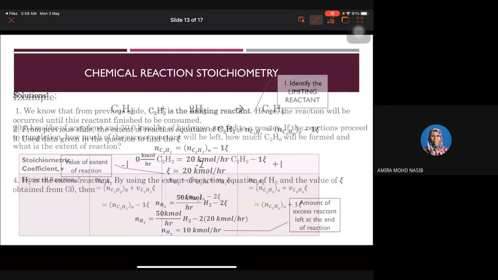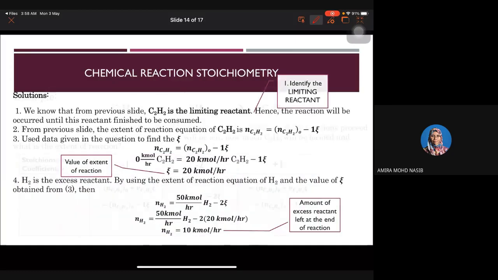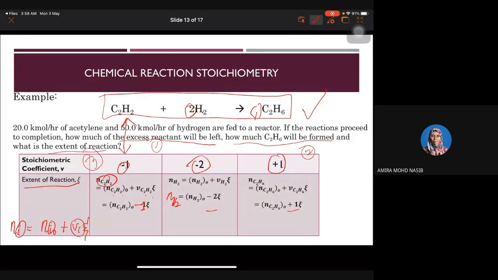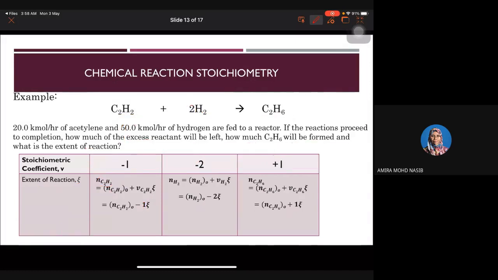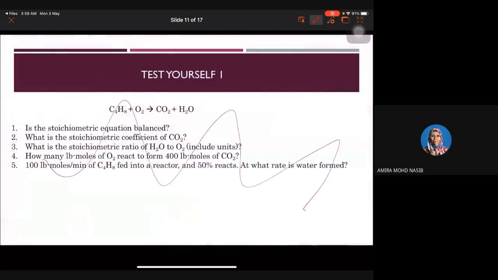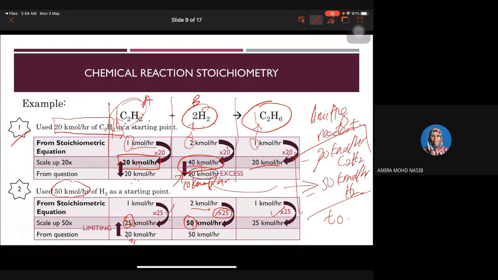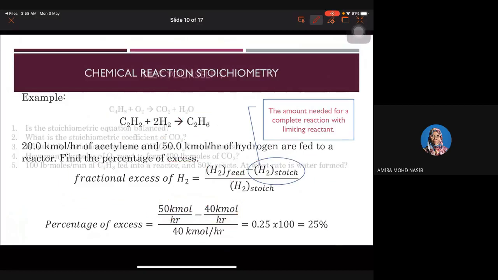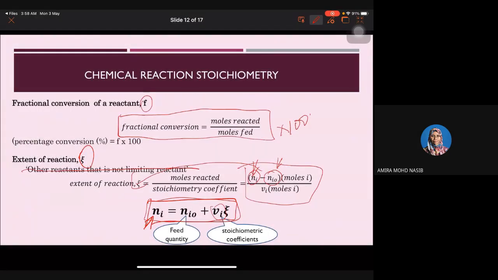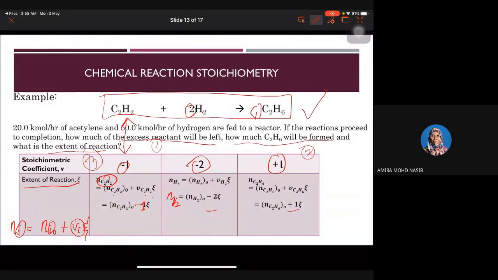Alright, they're asking how much the excess reactant will be. Before this, we used a table in order to determine how much is left, how much excess. Now we are going to use the extent of reaction, which is very, very easy.